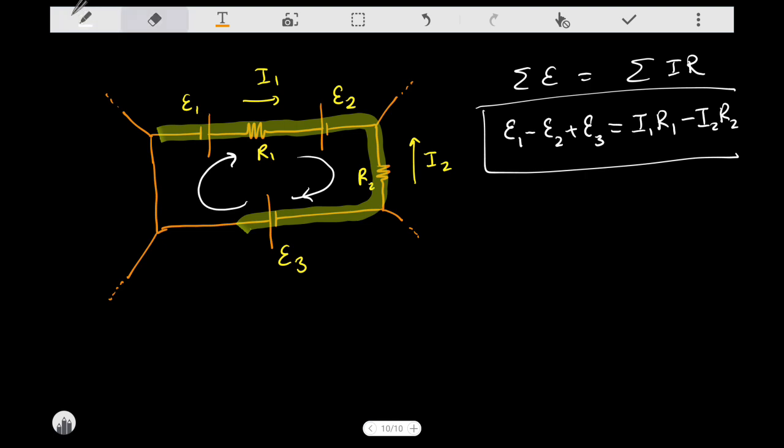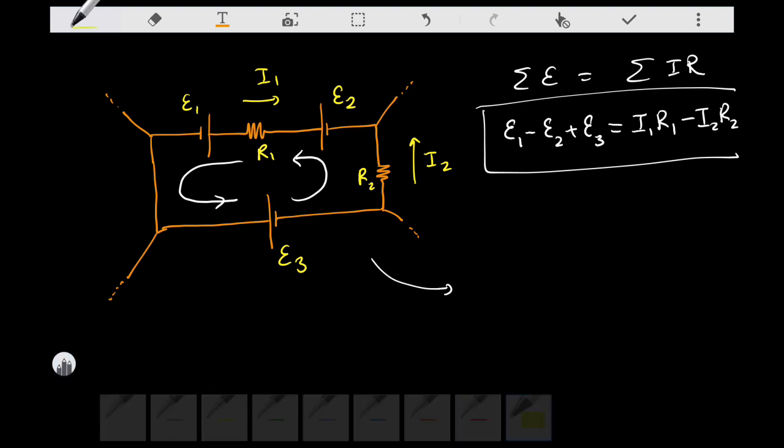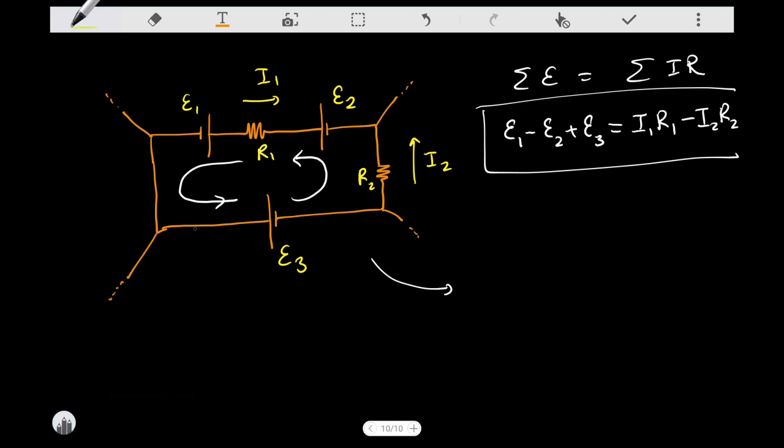All right. I can also express the loop rule by choosing the loop in the opposite direction. So I could have chosen the direction of the loop like that. I could go around the loop like this. In this case, I'm going to write down the equation like that. Let me also use a highlighter and express what I see.